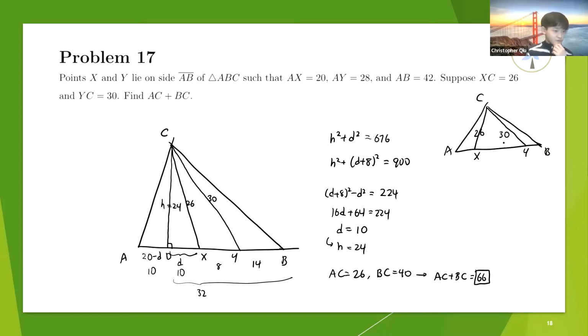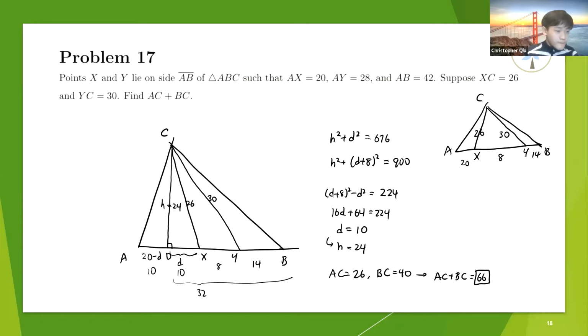We would have something like this. And again, we would still have AX is equal to 20, XY is equal to 8, and YB is equal to 14. All right, this is interesting. So let's try to solve the same problem, but with this configuration instead.